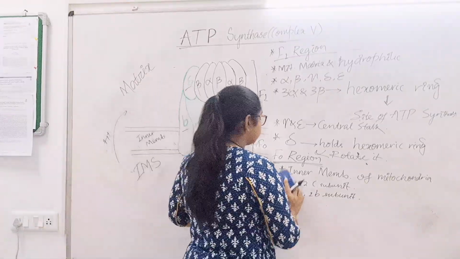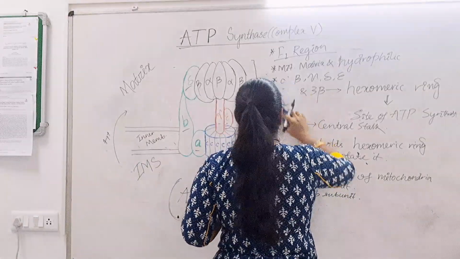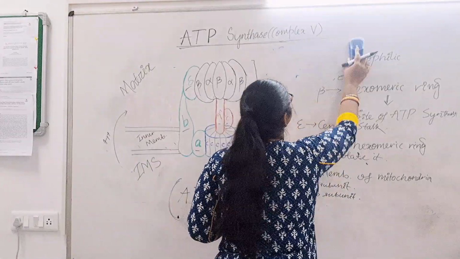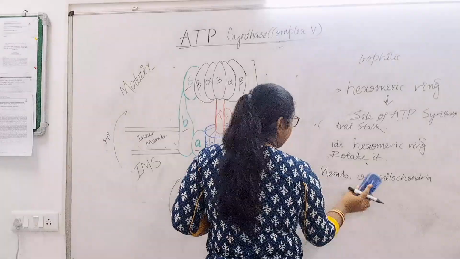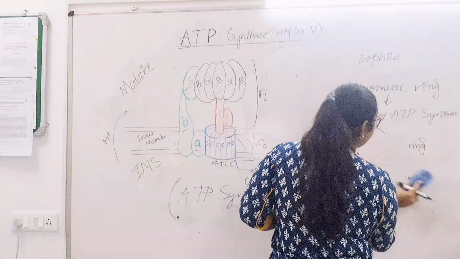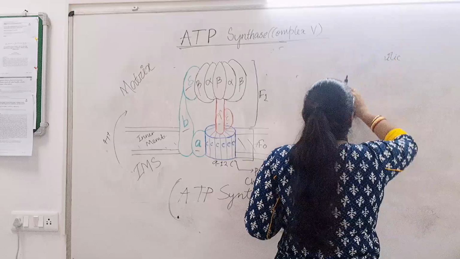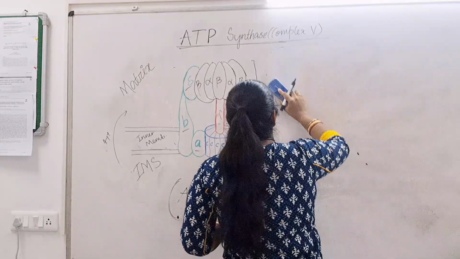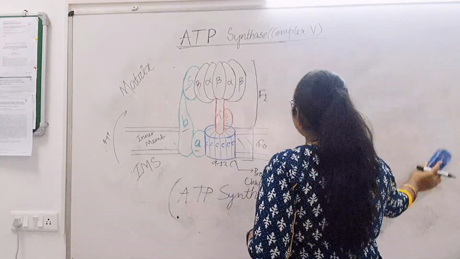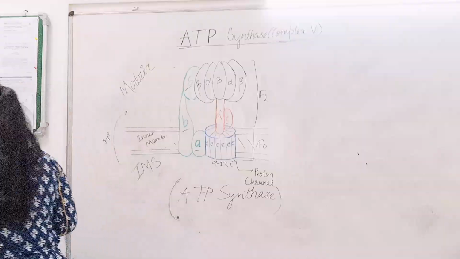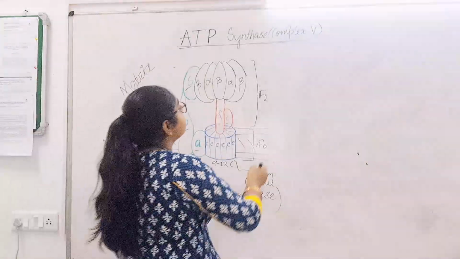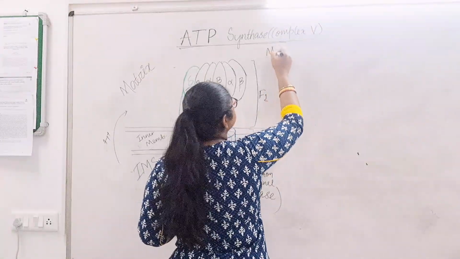So now we'll discuss the mechanism of ATP synthase. As I said while discussing the structure of F1 region, the F1 3 alpha 3 beta region is the main site.